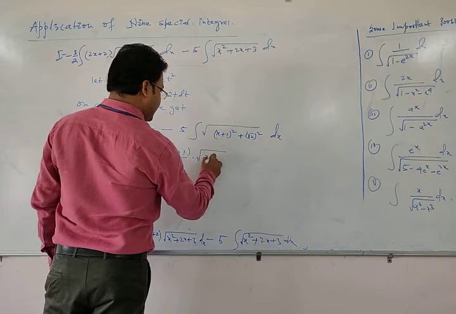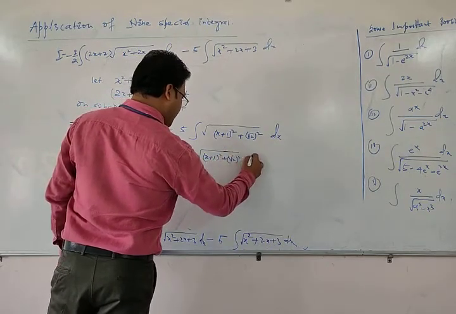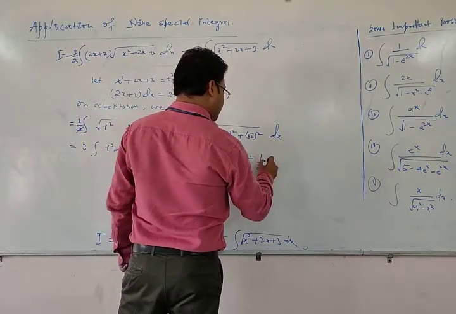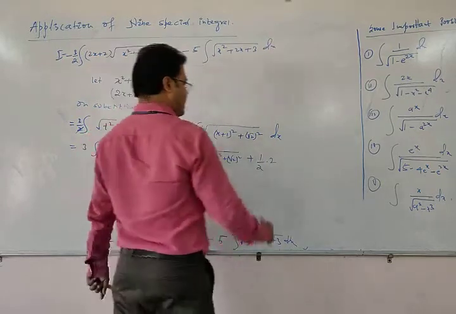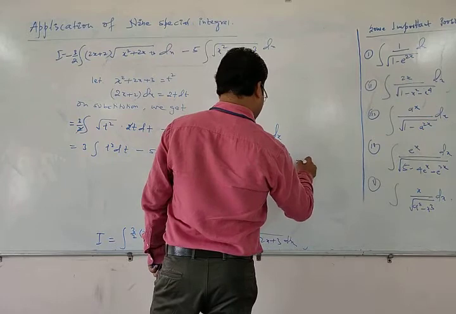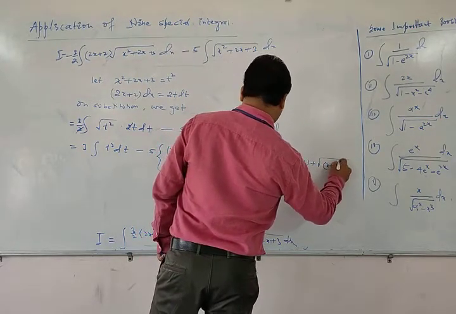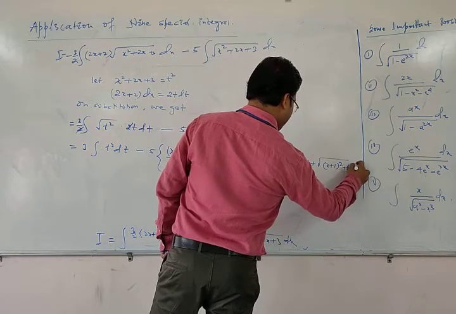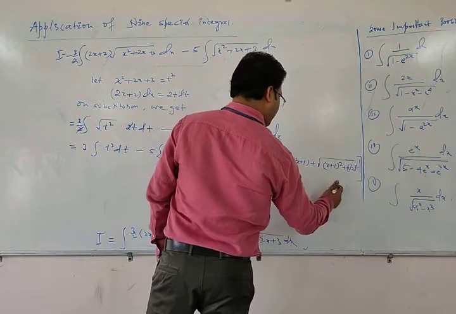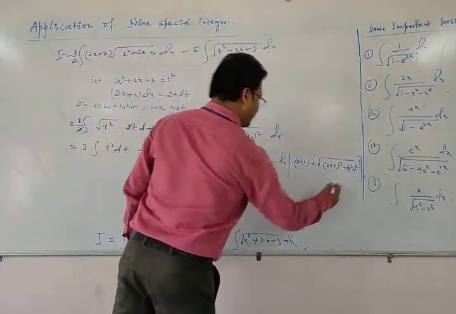So you can write (x plus 1) whole square plus root 2 whole square plus half of a square into ln mod x. In place of x you can write x plus 1 plus square root of (x plus 1) whole square plus root 2 whole square, modulus close, bracket close, big bracket close, and lastly put the constant of integration.